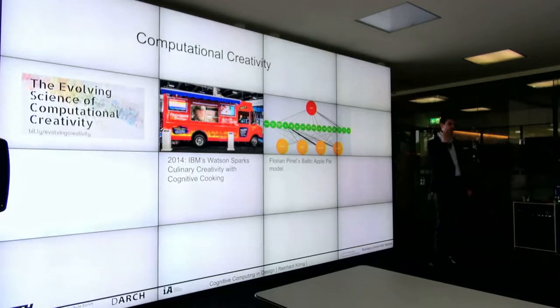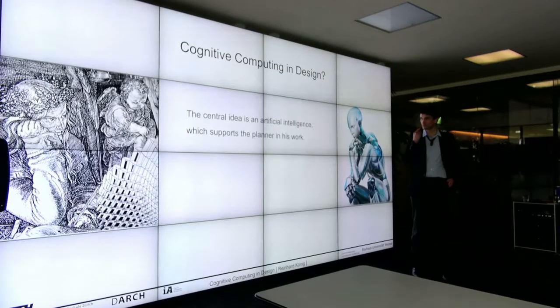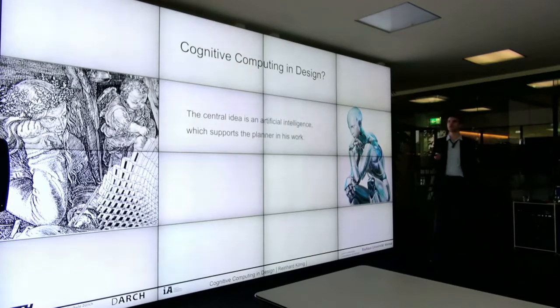Of course, cooking is also a creative task. If you've cooked something on your own, you know mixing ingredients is not that straightforward. So that's a creative application of how they applied it. What we try to do is to apply it in design.